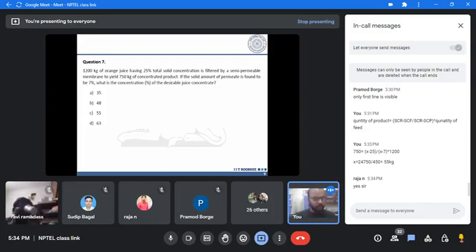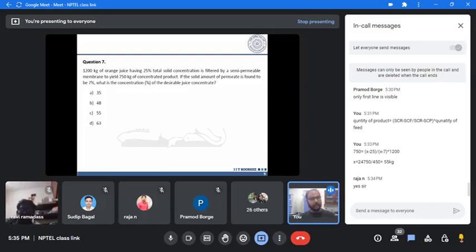Okay, so this is a very basic equation. If you know the formula, you can calculate with a very basic calculation: 750 into x minus 7 equal to 1200 into x minus 25.